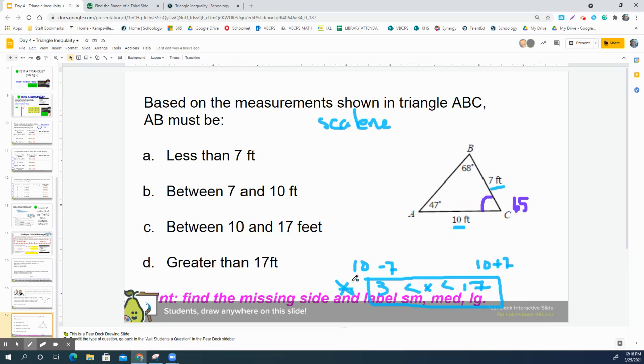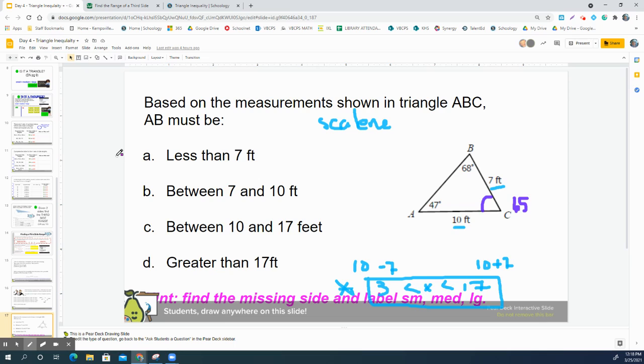What was the very first thing we learned today? Small, medium, and large. How do I decide what's small, what's medium, and what's large? What do we do in the very first few slides?